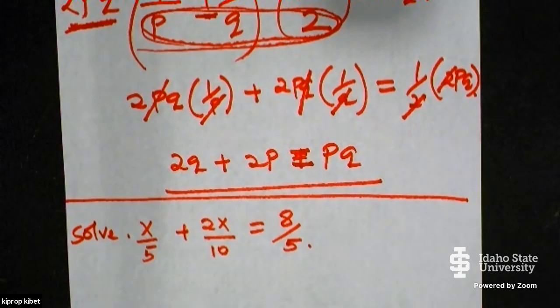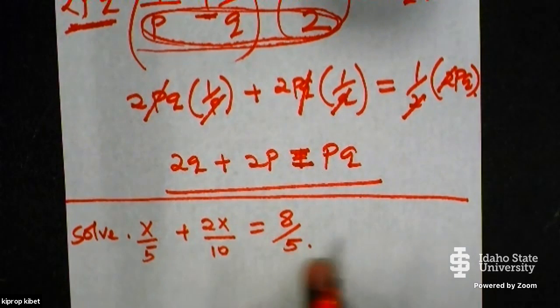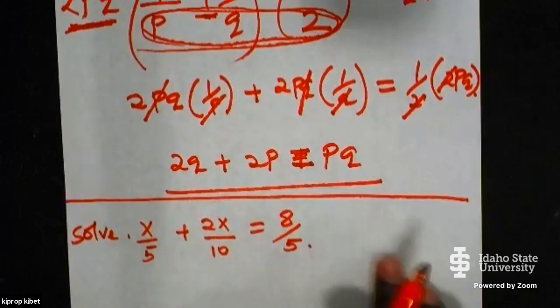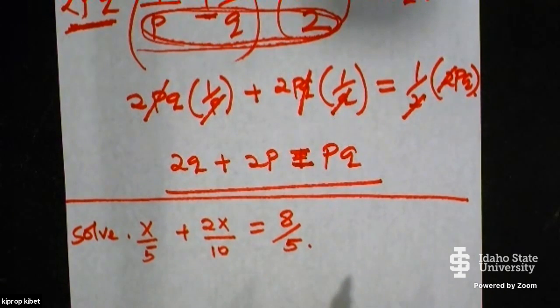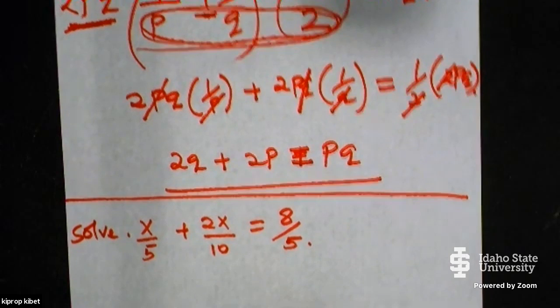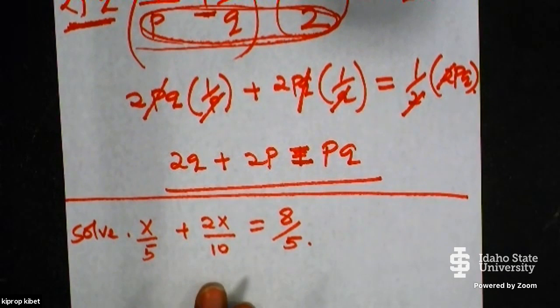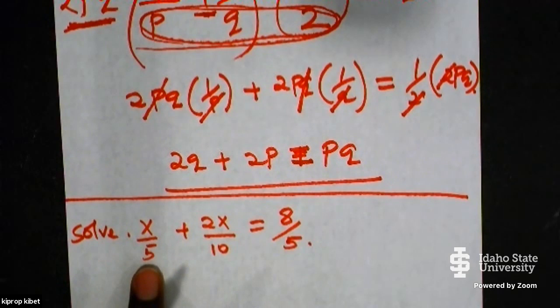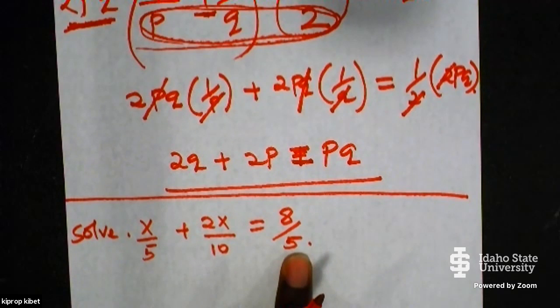Here you look at the denominators of all the equation, and then what is the least common factor among 5, 10, and 5? So what is our least common factor, or multiple, or denominator?